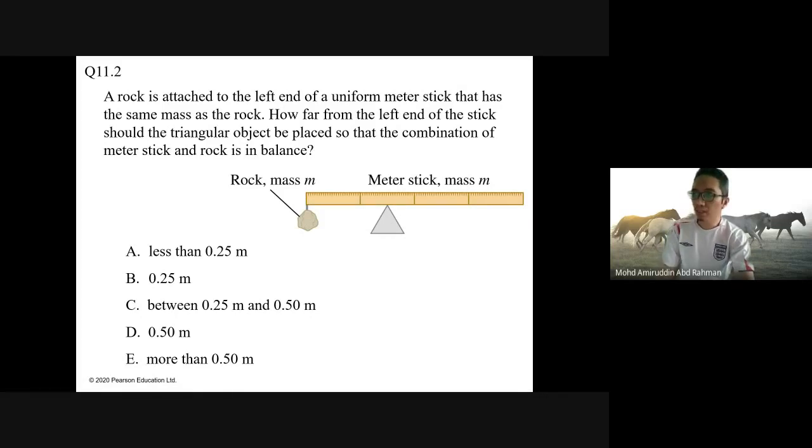So what is the equation that you can use over here?